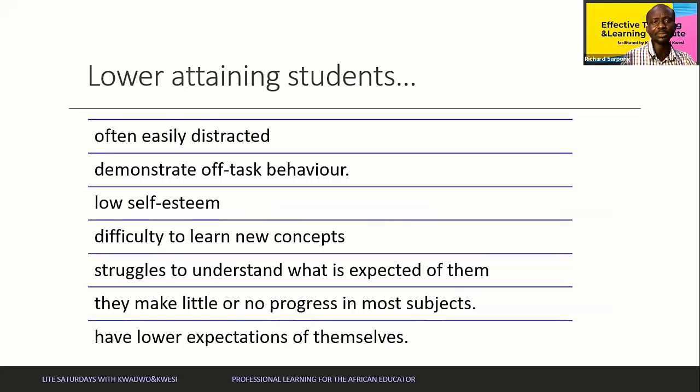So oftentimes we all know our low attaining students. We see these characteristics in them and we label them based on these symptoms instead of appreciating the root cause, that it is actually a skill gap challenge that they are facing.